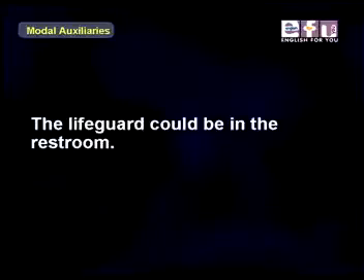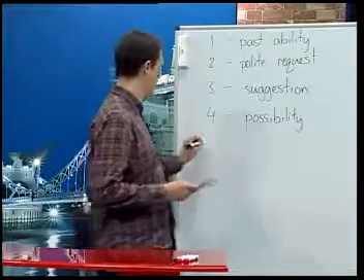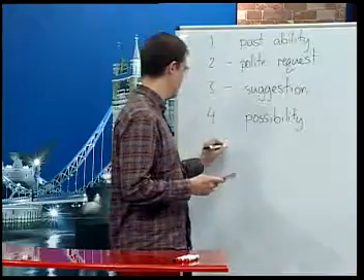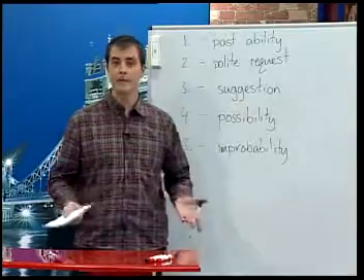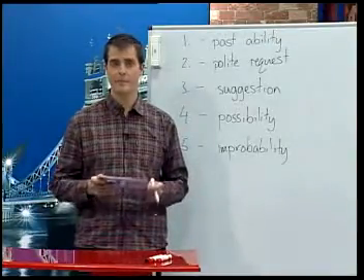So the lifeguard could be in the restroom. And in the fifth sentence, could is used for improbability. That means something probably isn't going to happen, or you don't believe that something can happen. So in the sentence it says, I just read that they may close Smith's Beach. That couldn't be true. It's like, I don't believe it.